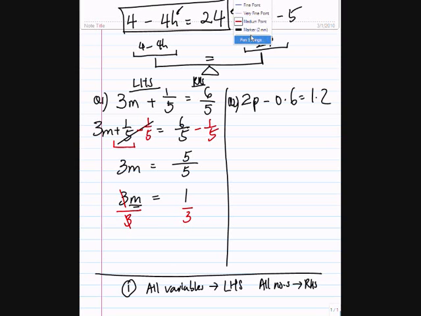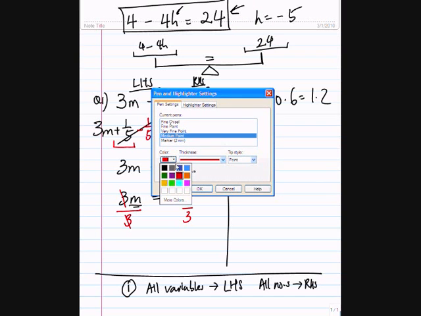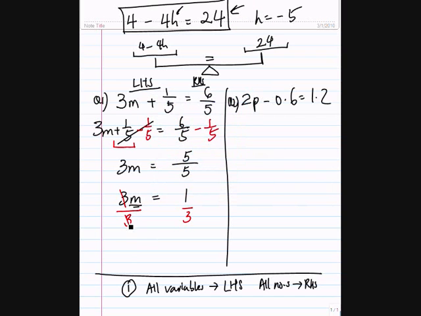So the answer, which is quite obvious, is m equals 1/3. Try substituting m equals 1/3 back into the equation. You get 6/5.